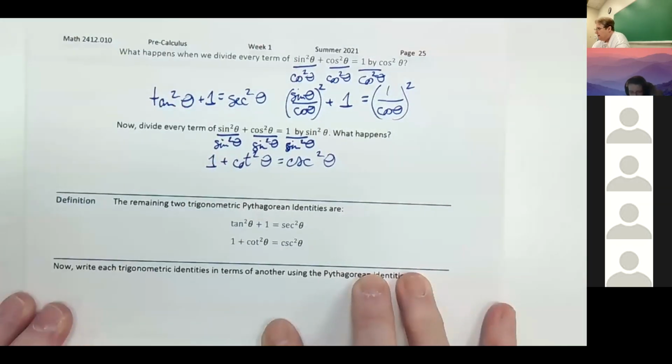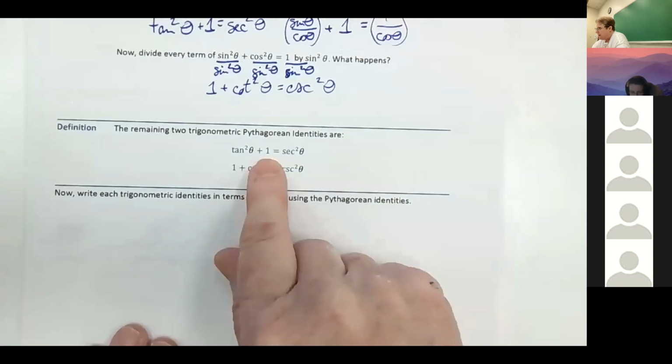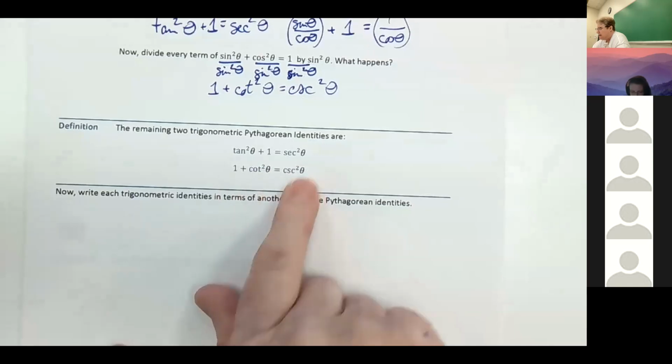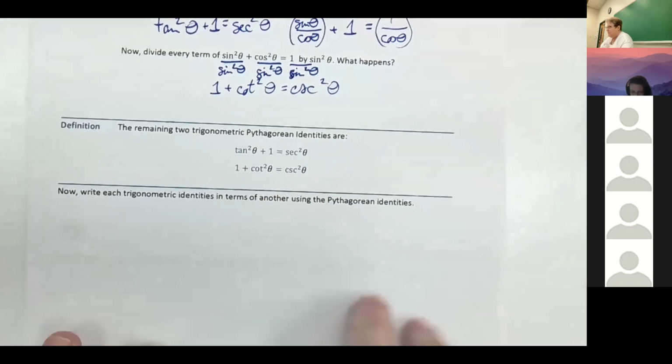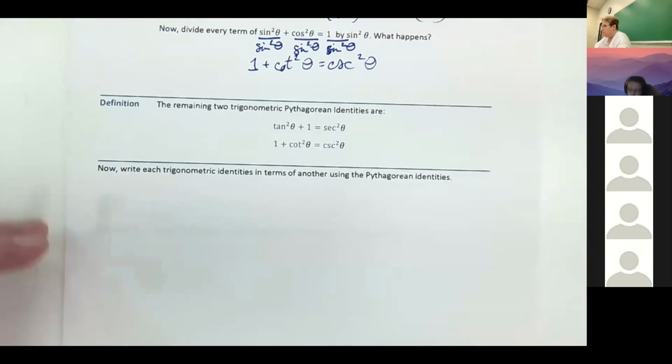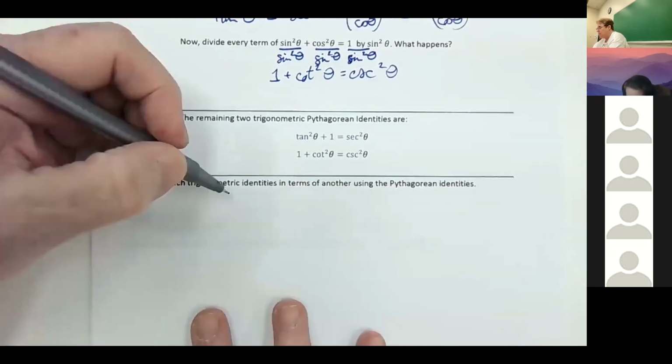So the other two identities are tangent squared theta plus 1 is secant squared theta, and 1 plus cotangent squared theta is cosecant squared theta. It helps to solve one of these, at least one, for the other.